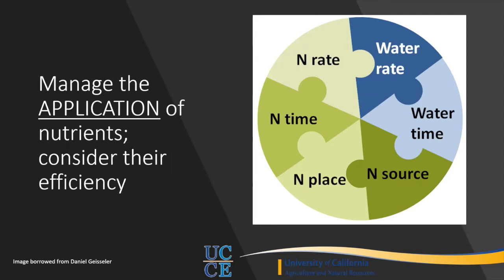All of these factors contribute to the efficiency of which nutrient is used by a crop. Daniel, of course, wanted to emphasize that in irrigated agriculture, which is most relevant in California, the water rate and the water timing are also important factors that contribute to the efficiency of nutrient use.